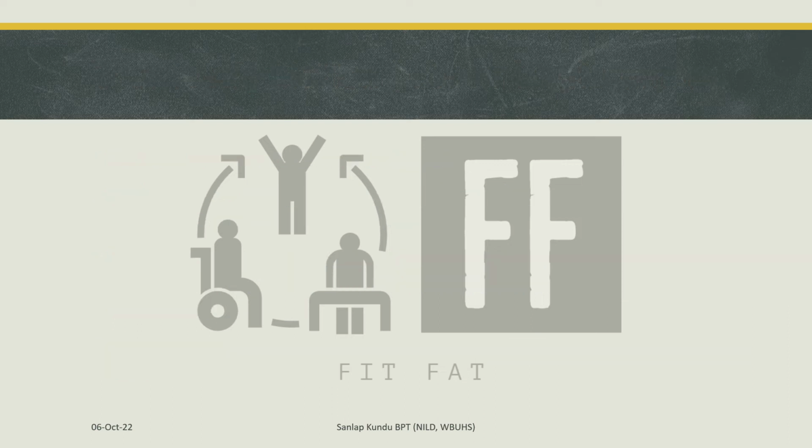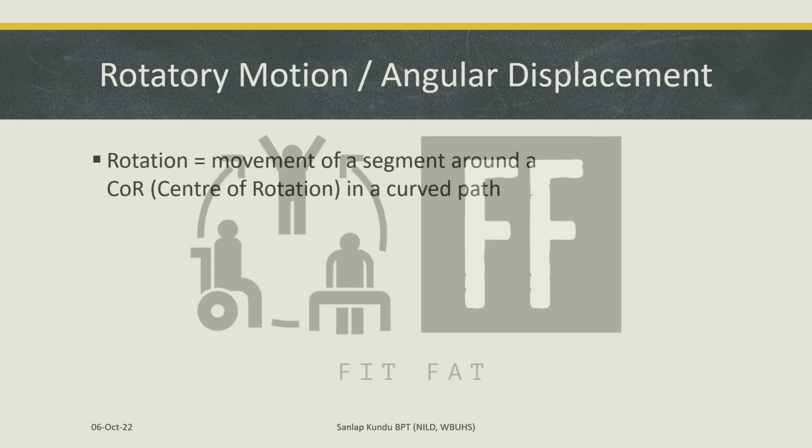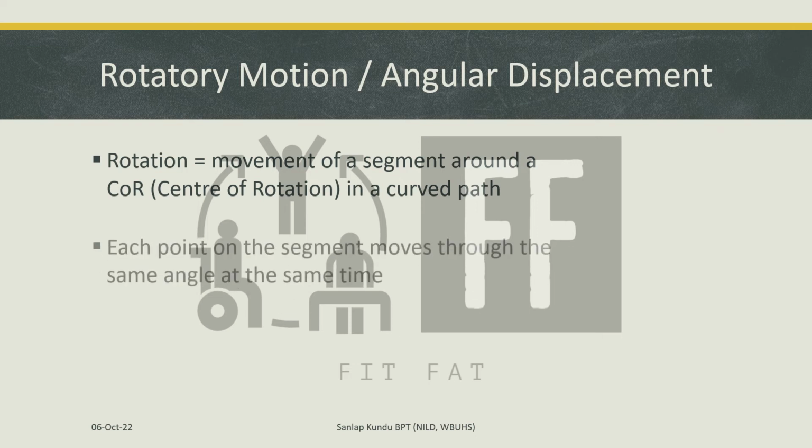Now the second basic motion is the rotatory motion or angular displacement. So again, as the name suggests, rotation means movement of a segment around a COR or center of rotation in a curved path. Now rotatory means rotation, so the path will be a curved one. That is a very general thing, right?